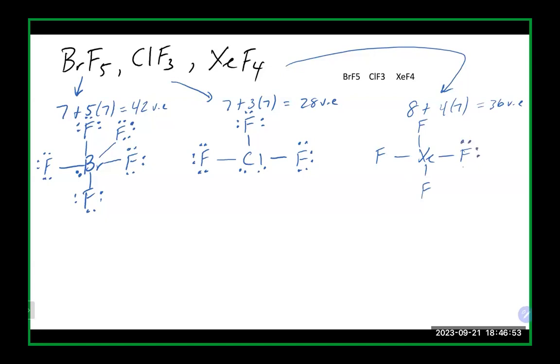So 2, 4, 6, 8, 10, 12, 14, 16, 18, 20, 22, 24. At this point, we basically have 8 times 4, which is 32 electrons on there. Once again, we still have 4, and those will find their way to the center atom as pairs of electrons. Any questions on these? They are all expanded octets that we ended up with. Any questions on drawing that there?